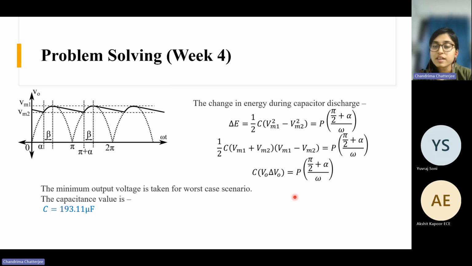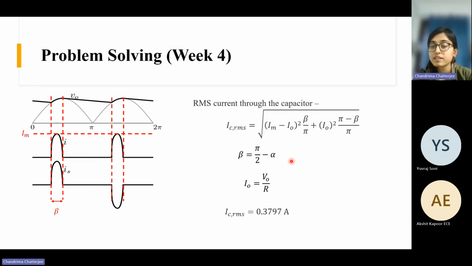Next, we need to calculate the diode parameters so that we can choose a diode for the application. Another thing, while we choose the capacitor, the voltage rating is one thing. Another thing we will require is the RMS current value.